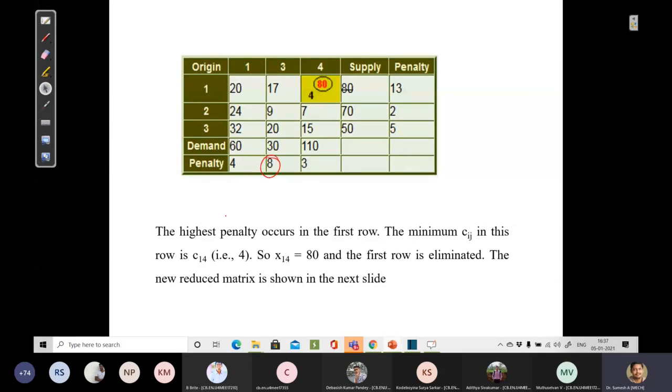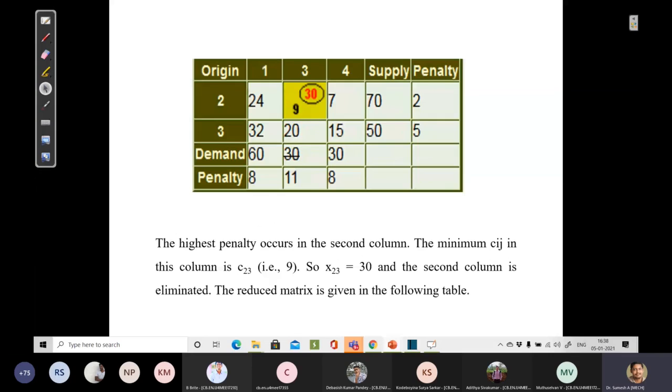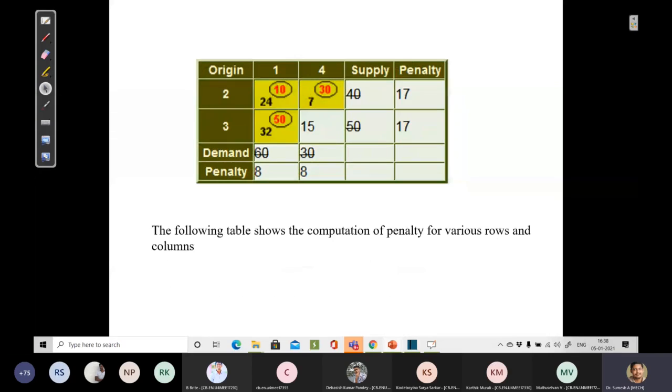And the minimum value is 9. So 30 and 70. So 30 can be given, so balance will be 40. So column 3 also got eliminated. Now column 1 and 4 are left out. You can again calculate the difference.